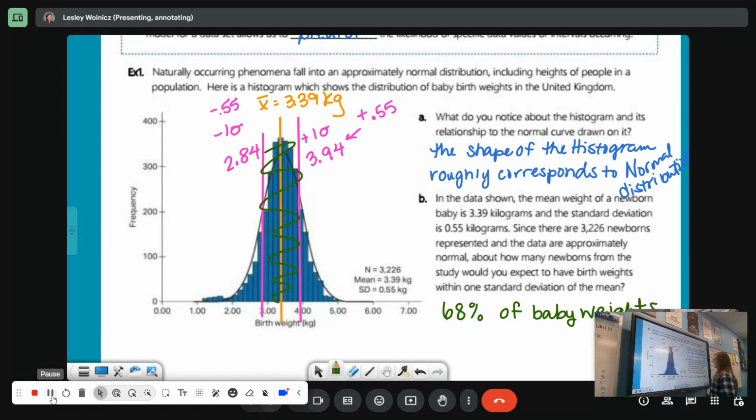Okay? Now, it doesn't say what percentage though. It says how many newborns. They want the number. So we need to know, well, how many babies were in this study? And that's right here. There are 3,226 total babies. 68% of those we would expect to find within 1 standard deviation.